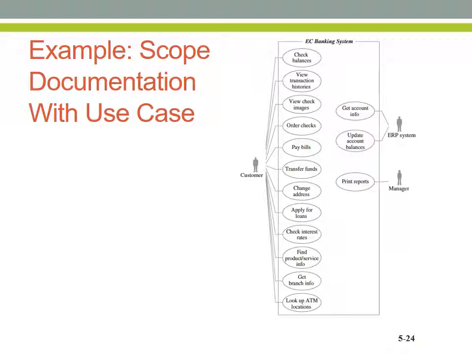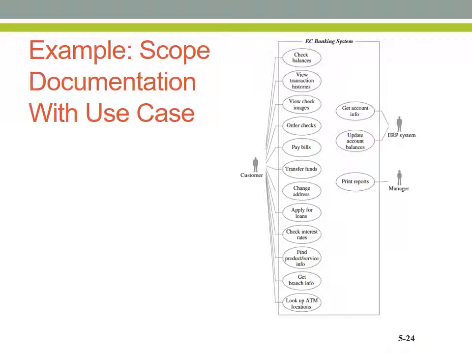Actors can be people such as a customer or a manager, but they can also be external systems as shown here, an ERP system, for example. The activities that our actors perform on the system are shown as ovals, or are shown inside of ovals inside of our rectangle. They are always connected with the actor who performs these actions.